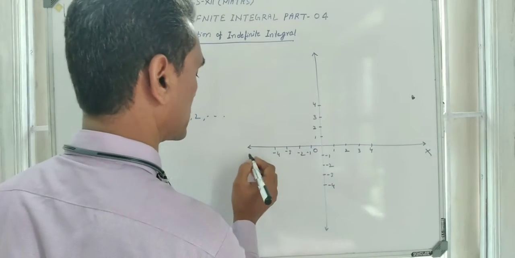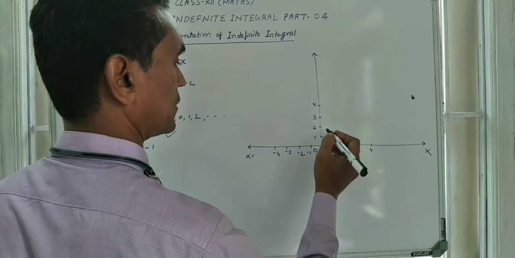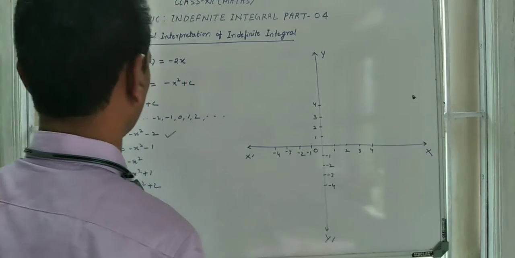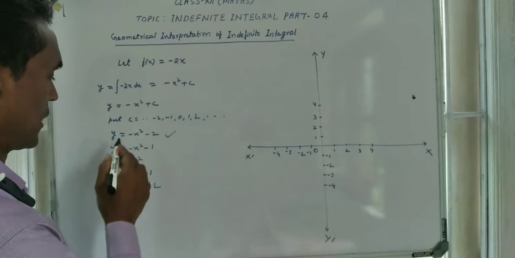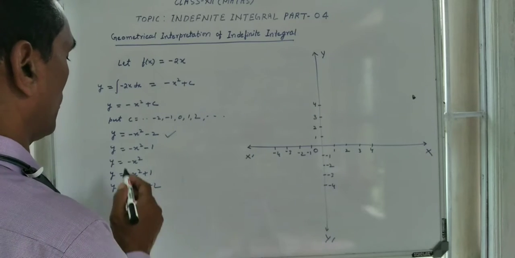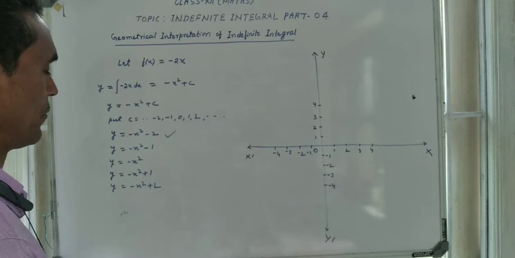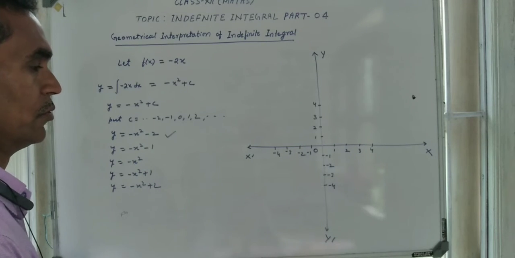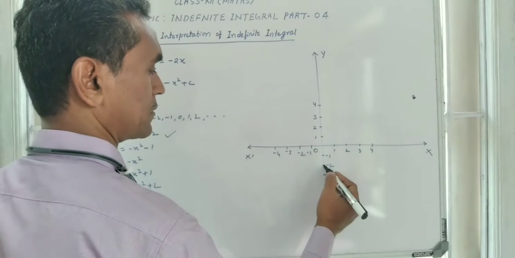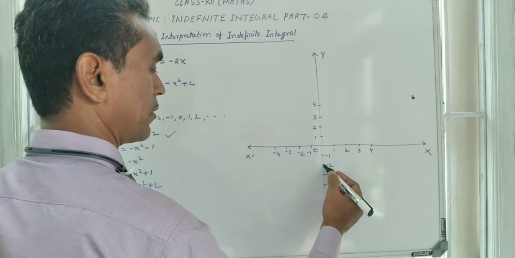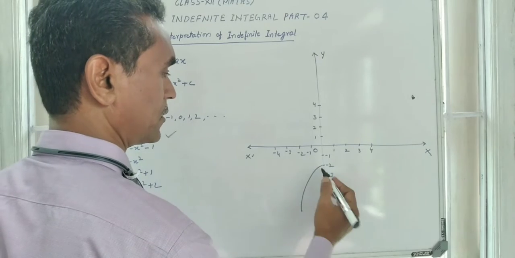This is the x-axis and this one is the y-axis. So try to plot the graph of the first function. Obviously it is a parabola, and the maximum value of y will be minus 2 when x becomes 0. So this is the maximum value of y, and the parabola will open downward.